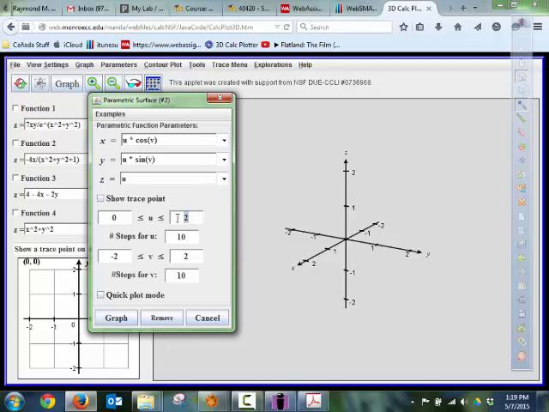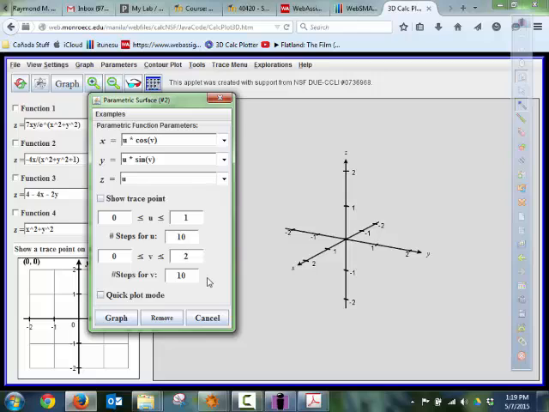I want this cone to stop at 2 on top. So what does r have to go from? Think about it. All right, let's put 1, whatever.